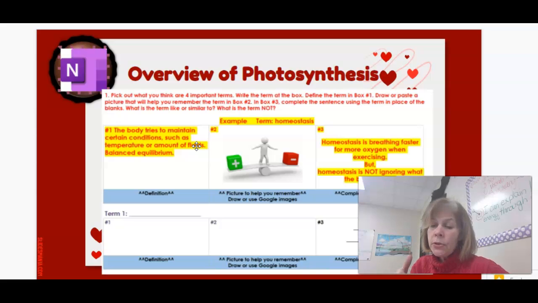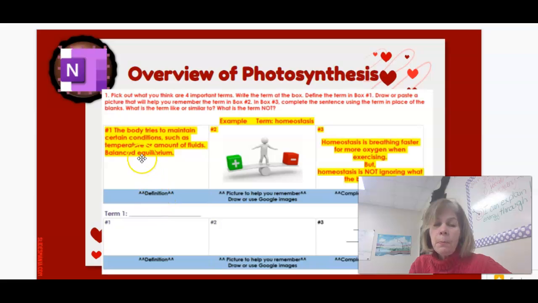So you're going to read pages 101 to 103. And what do you think are the 4 most important words for you to know to understand that material? Okay? And so obviously homeostasis is an important term. So if we were doing this during homeostasis, you're going to write your important word up at the top.